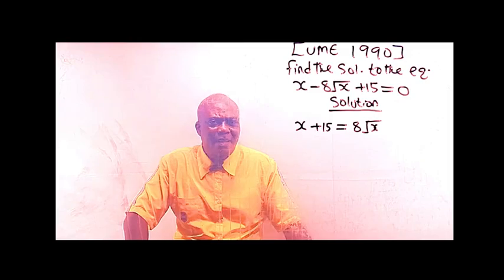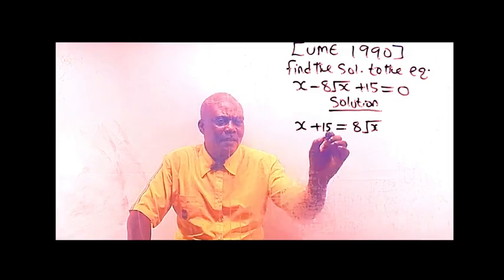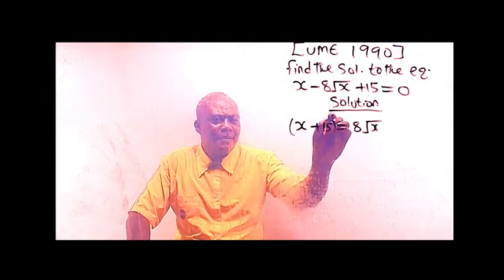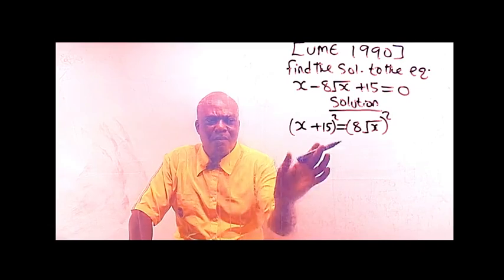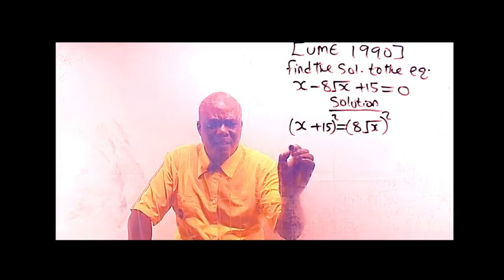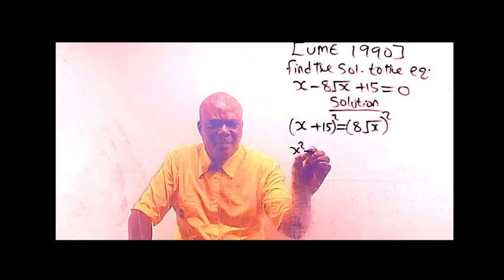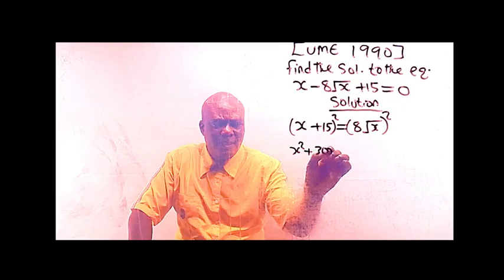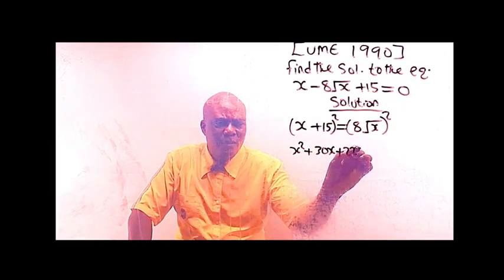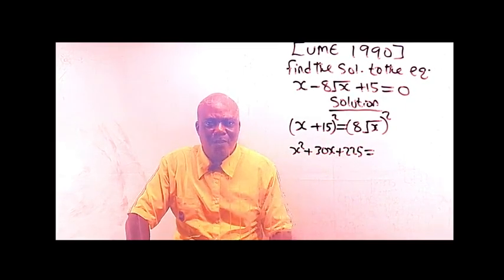So to make it easier, now you square both sides. So you square this side. The result now will be x squared plus 30x plus 225. You can verify it.